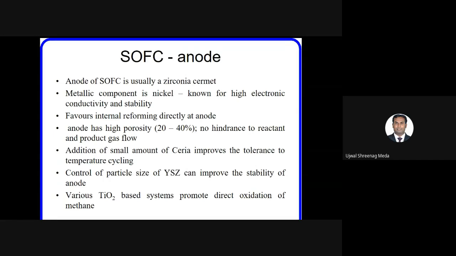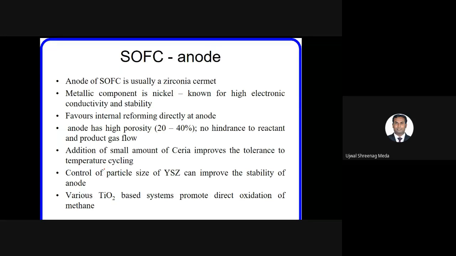Likewise, these cermets are also composite materials where the reinforcement is metal chunks and the matrix material is ceramic material. So cermet, as the name indicates, CER represents the ceramic part, MET represents the metal part. So that's how the name cermet.